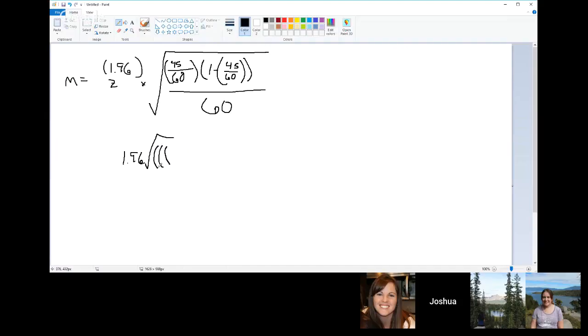Yeah, it's going to be 3 open parentheses, and then it's going to be 45 divided by 60. This is why I get things wrong in calculators. Right. Open parentheses, 1 minus parentheses 45 divided by 60, and then you're going to close that. So yeah, it should look like that.